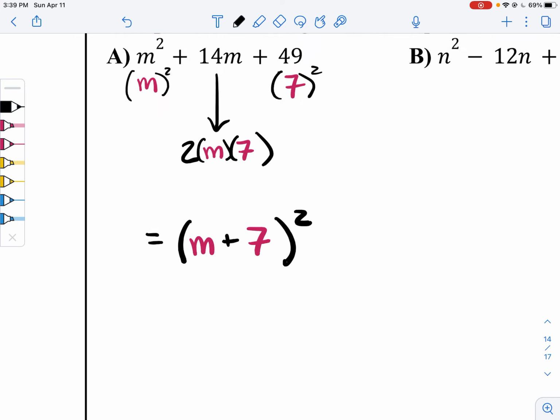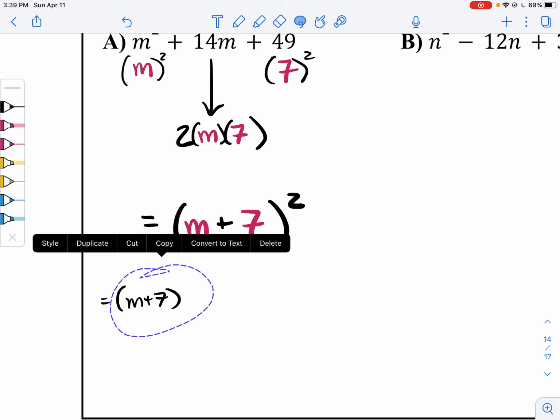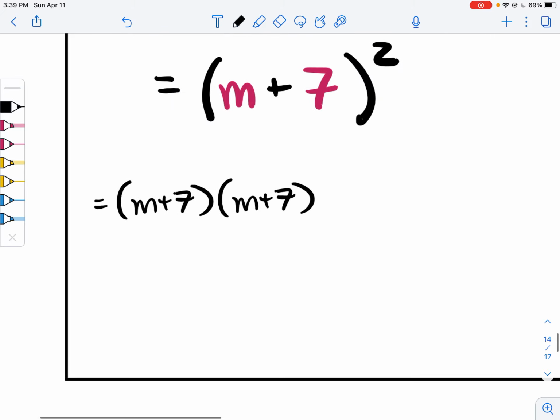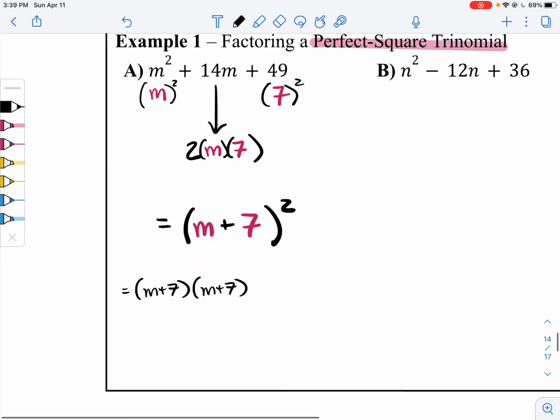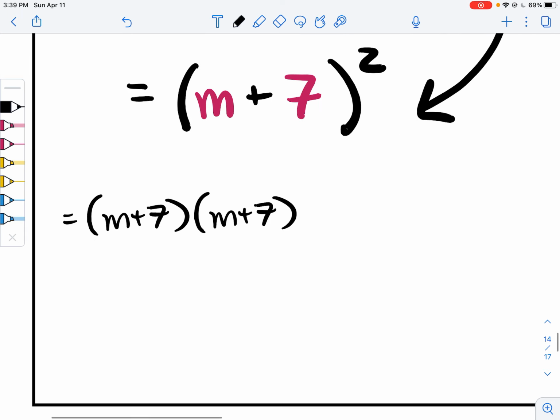We can check this by asking, what's m plus 7 squared? That's m plus 7 times m plus 7, and then FOIL it out. So right now we're asking, does this trinomial actually equal m plus 7 squared? Well, let's find out. Let's FOIL it.